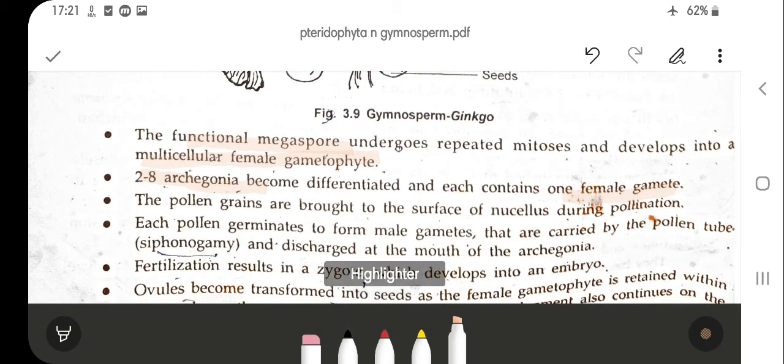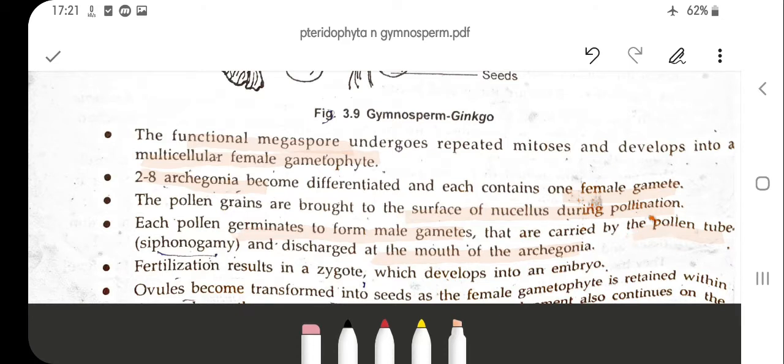The pollen grains are brought to the surface of the nucellus during pollination with the help of wind. Each pollen germinates to form the male gamete, which is carried by the pollen tube and discharged at the mouth of the archegonia, meaning your female gametophyte, where the female gamete is present.